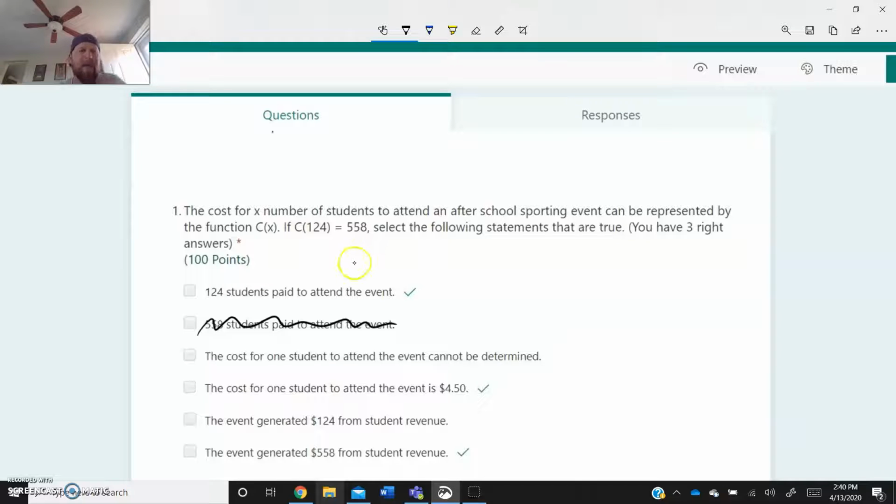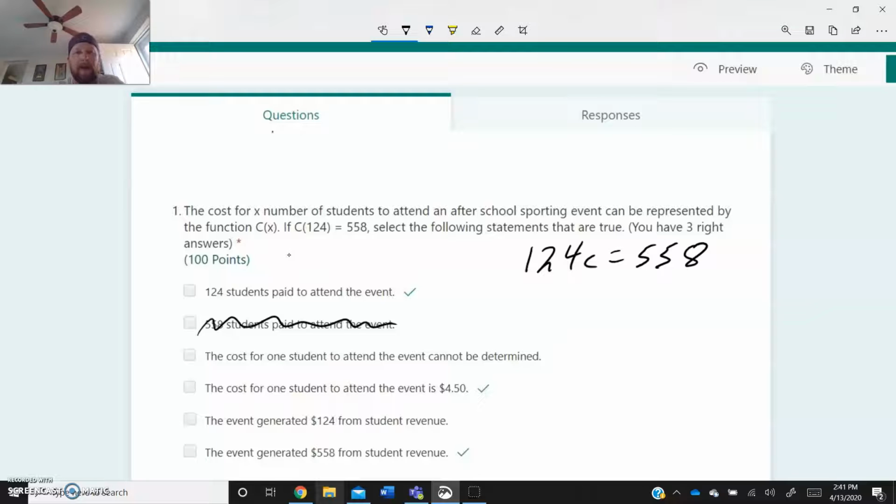I'm just going to keep running through the options, even though I just gave you another answer. The next one says the cost for one student to attend the event cannot be determined. Well, that's not true. Pretty much what this problem is, I'm going to rewrite it out to the side, is 124C equals 558.